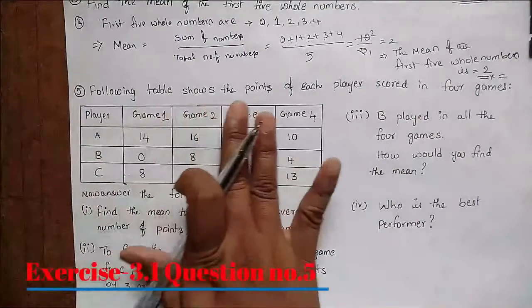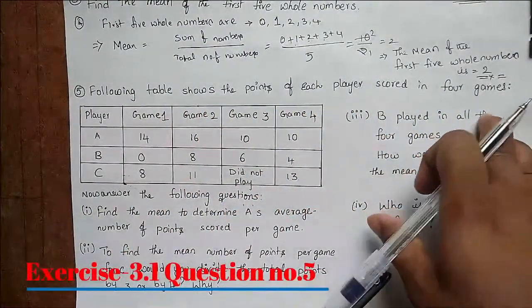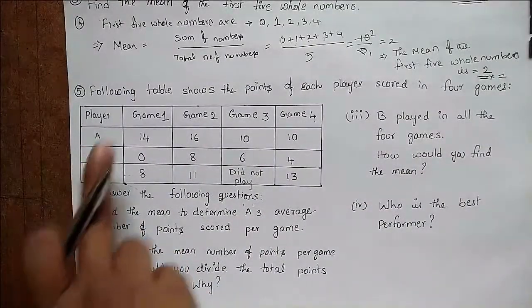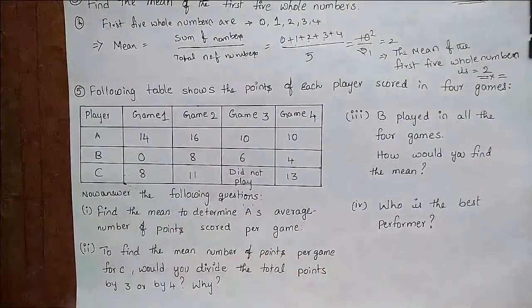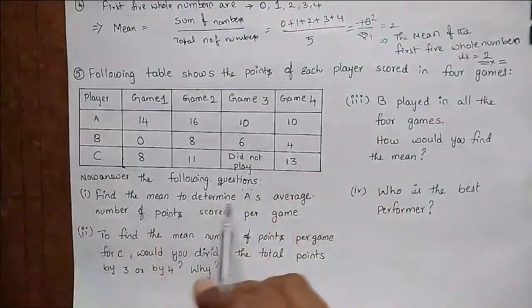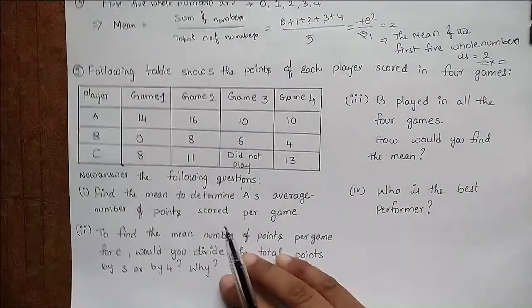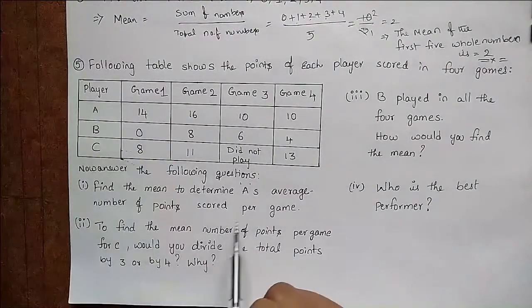The following table shows the points scored by each player in 4 games. The players are A, B, C, and there are game 1, game 2, game 3, game 4, scored like this. Now answer the following questions. There are 4 questions. Find the mean to determine A's average number of points scored per game.